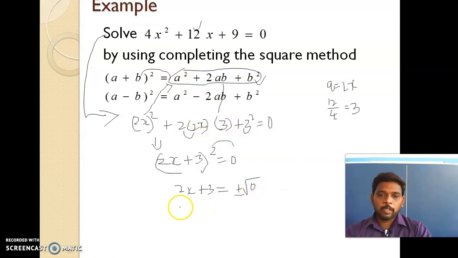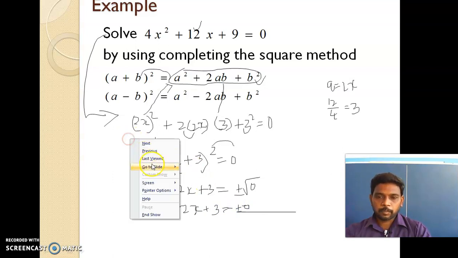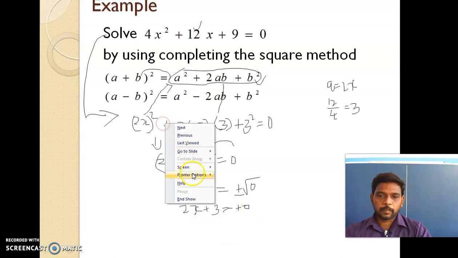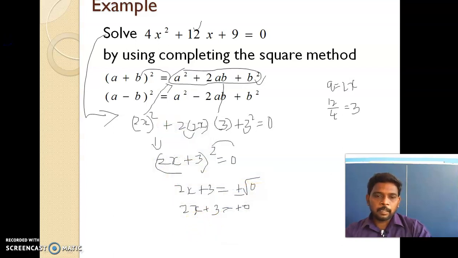So 2x plus 3 equal to, the square root of 0 is nothing but 0 only, so plus or minus 0. And then transpose 3 that side, so 2x equal to, this plus 3 will become minus 3 plus or minus 0, right?